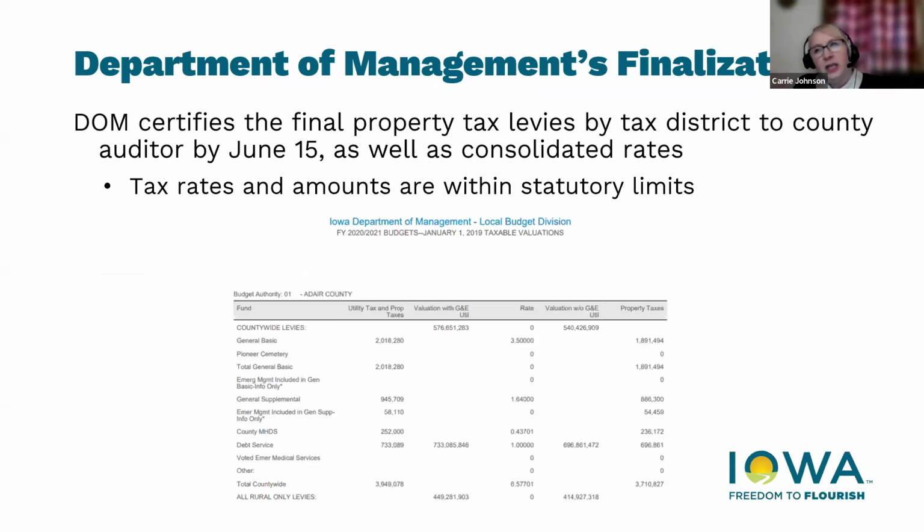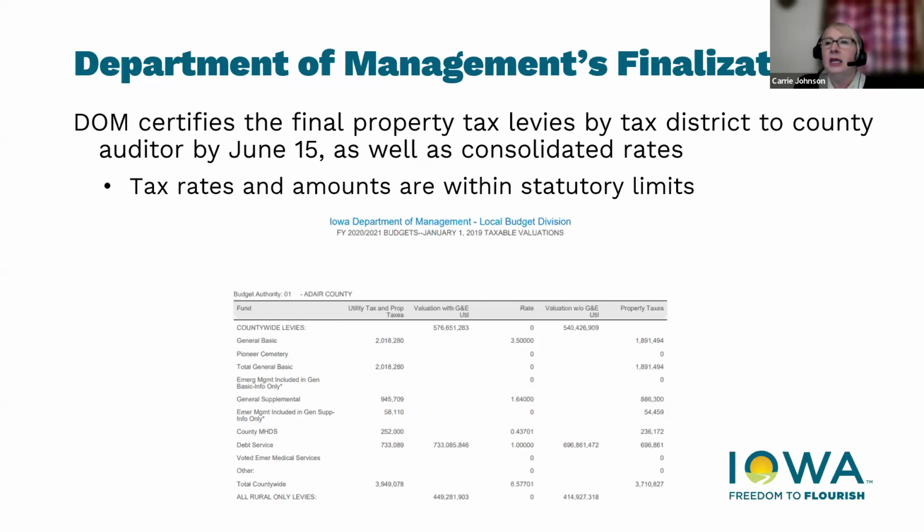And then after the county auditor certifies, the Department of Management comes in and we finalize those budgets. We certify the property tax levies by tax district. And by June 15th, we alert county auditors that they can go in for each budget type and download a one-page document we call a certification, or a tax cert.